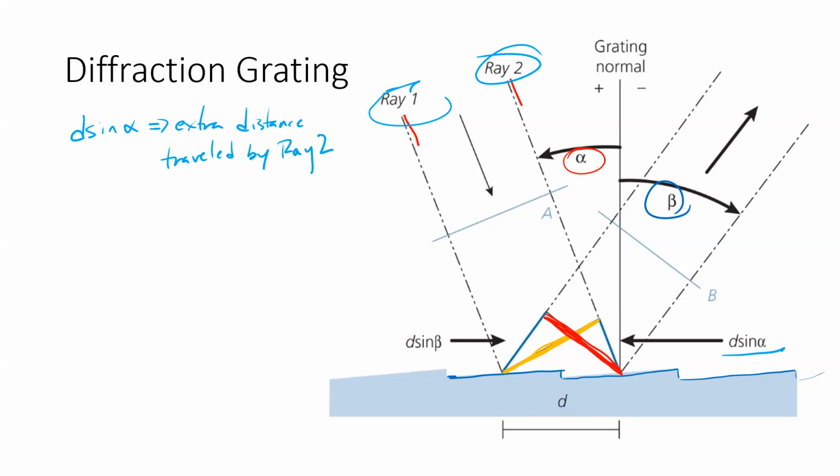Okay. So think about two photons, if you'd rather think about them as particles, right? Photon 2 has to travel just this tiny bit extra before it hits the surface, right? And then when they bounce back off, photon 1, ray 1, has to travel this extra bit, right? And so d sine beta.